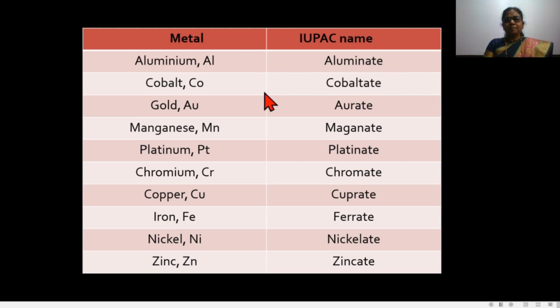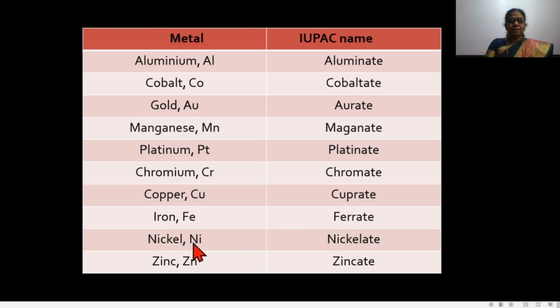Then cobalt, cobaltate. Gold, Au, aurate. Manganese, manganate. Platinum, platinate. Chromium, chromate. Copper, cuprate. Iron is used as ferrate. It is the Latin word.